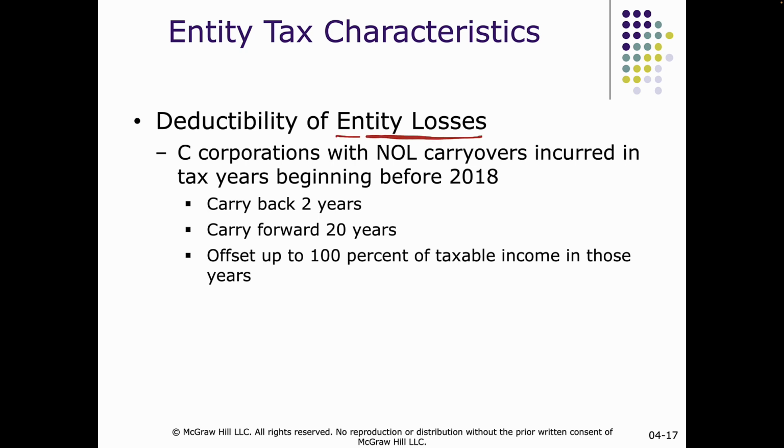So C corporations have a net operating loss carryover that is incurred in tax years beginning after 2018. So you can carry back 2 years, you can carry forward 20 years, and you can offset 100% of the taxable income in those years.